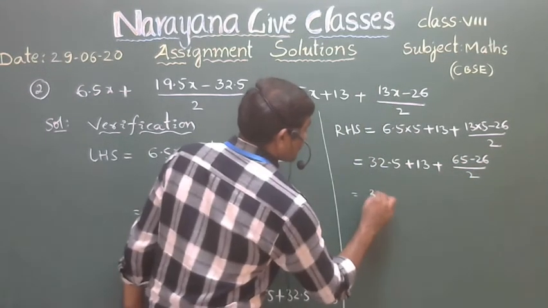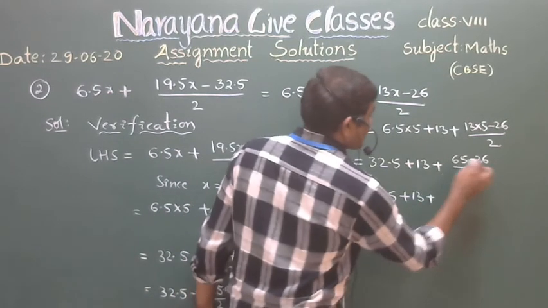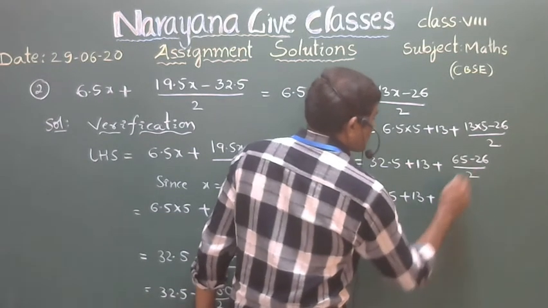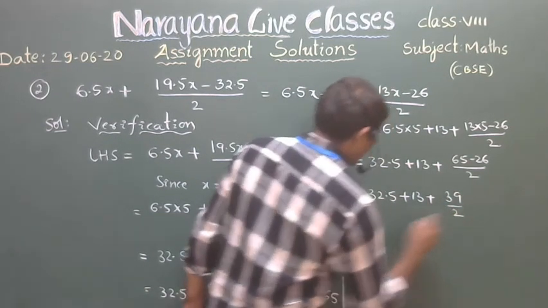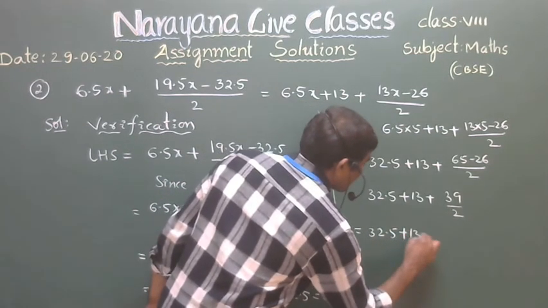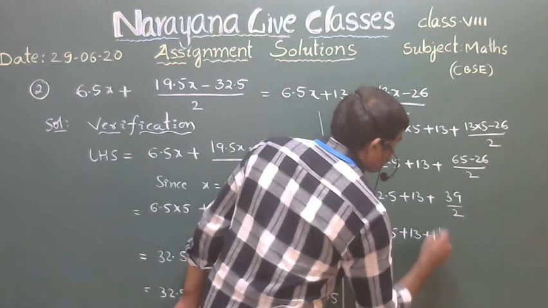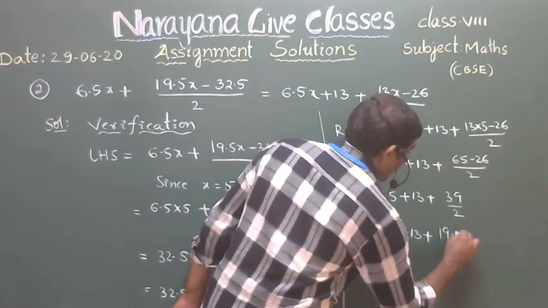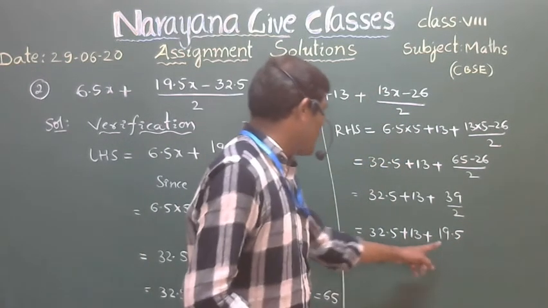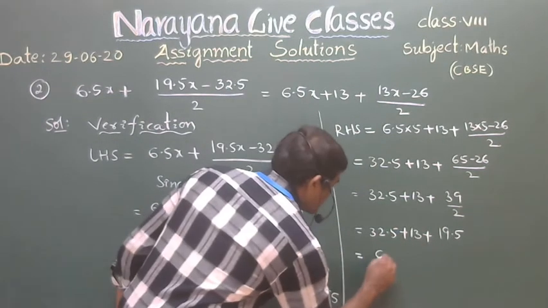That is 32.5 plus 13 plus 65 minus 26: 15 minus 6 is 9 and 5 minus 2 is 3, so 39 by 2. So that is 32.5 plus 13 plus 19.5. Now 32.5 plus 19.5 is 52, plus 13, the total is equal to 65.